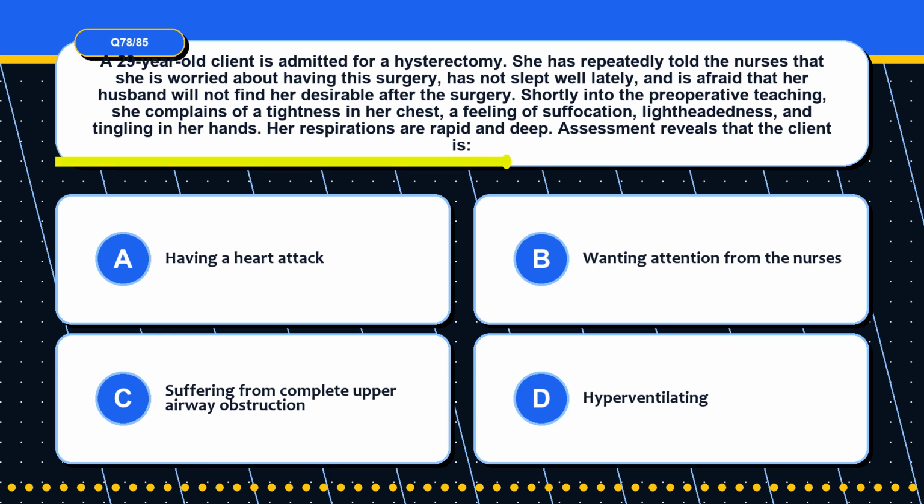Her respirations are rapid and deep. Assessment reveals that the client is. Here are the options. Option A, having a heart attack. Option B, wanting attention from the nurses. Option C, suffering from complete upper airway obstruction. Option D, hyperventilating.